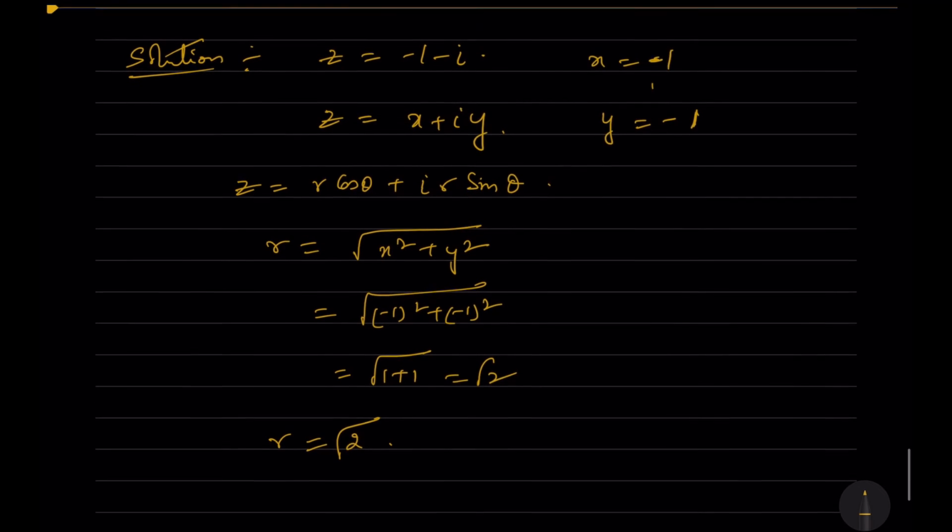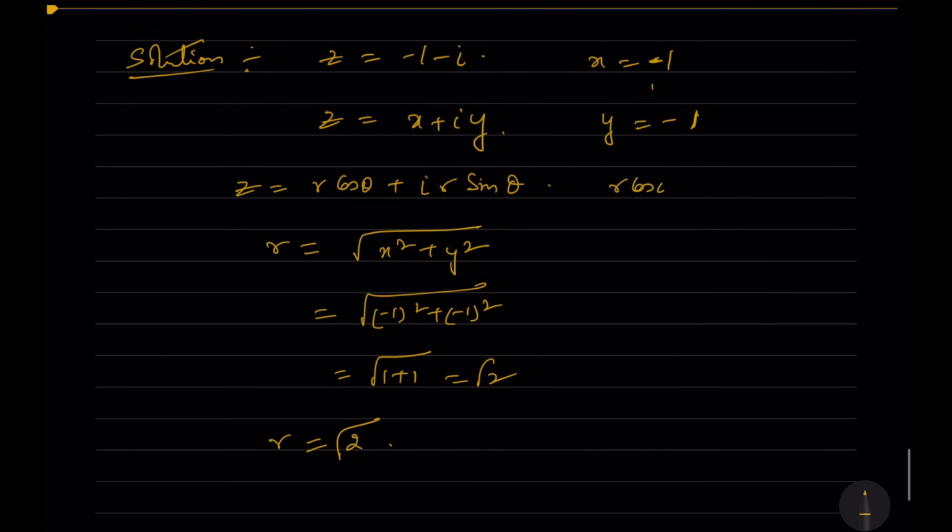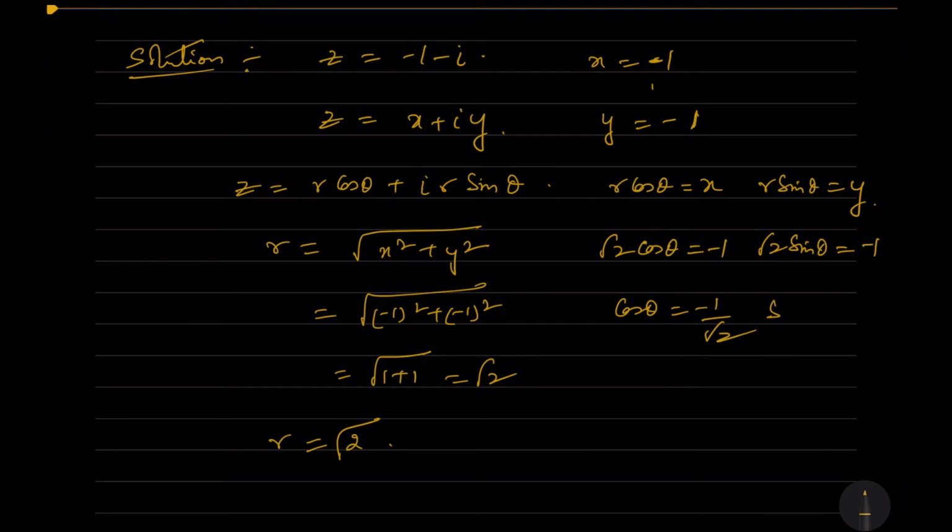Now you know that r cos theta is equal to x, r sin theta is equal to y. So now you can substitute here. You got root 2 cos theta is equal to minus 1, and root 2 sin theta is equal to minus 1. So therefore cos theta is equal to minus 1 by root 2, sin theta is equal to minus 1 by root 2.